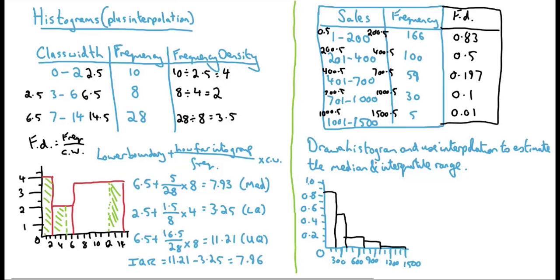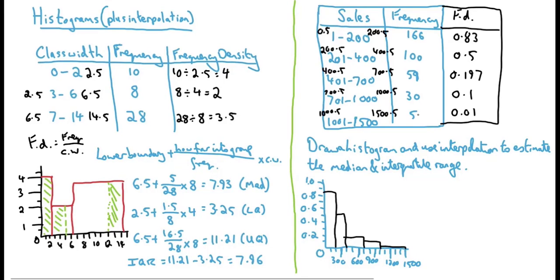So for the median, if we were to add up all of these first, you get a total of 360. If after the median we want half of that, that'll be 180. So going through the frequencies, 166, we haven't reached 180 yet, but we will in the second row. So we're looking here, the lower boundary of which is your 200.5, and add on to that.